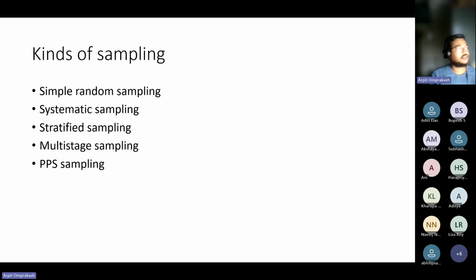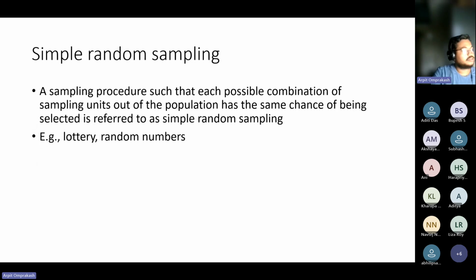Again, for sampling, there are various different kinds of sampling that you can do, such as simple random sampling, systematic sampling, stratified sampling, multi-stage sampling, and PPS sampling. We'll look at them. So simple random sampling is where we are picking sampling units randomly, so that each sampling unit has the same chance of being selected.